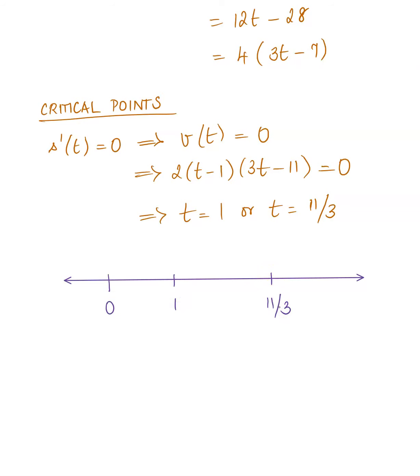These are the critical points. Critical points and endpoints are to be included. Here the endpoint is just the 0 end, there's no end on the right, so I'm just going to mark that as infinity. Alright, so we now have intervals 0 to 1, 1 to 11 over 3, and 11 over 3 to infinity.